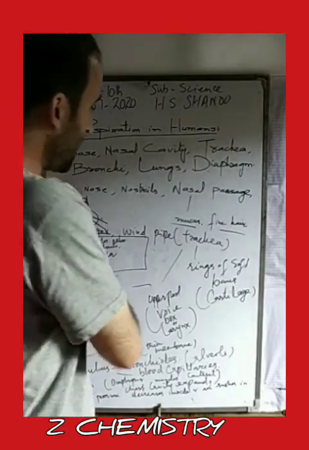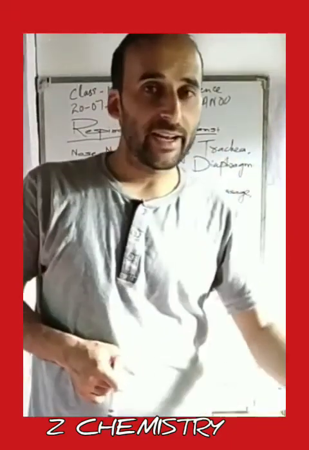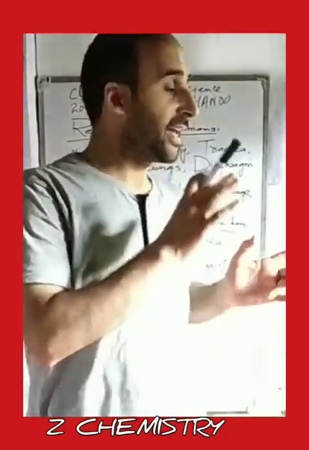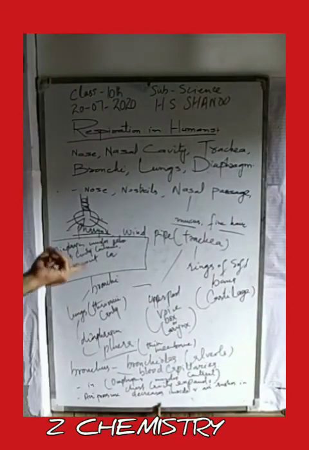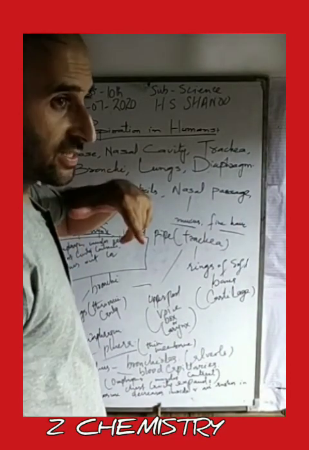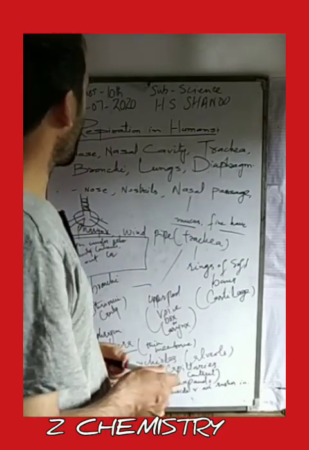In this way, respiratory gases are exchanged between the outside and our lungs, and the air is taken into the cells by the blood, whereby the process of respiration occurs.